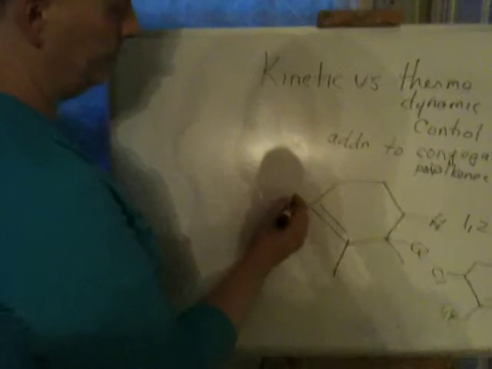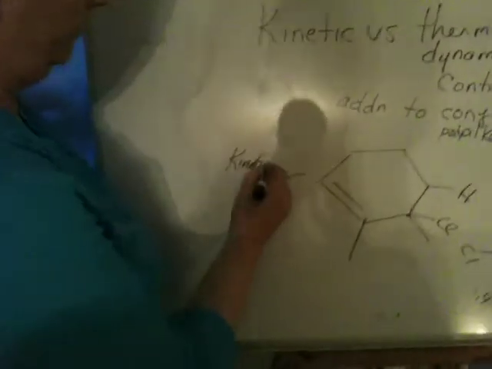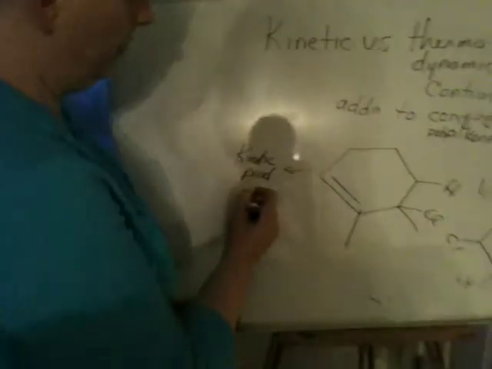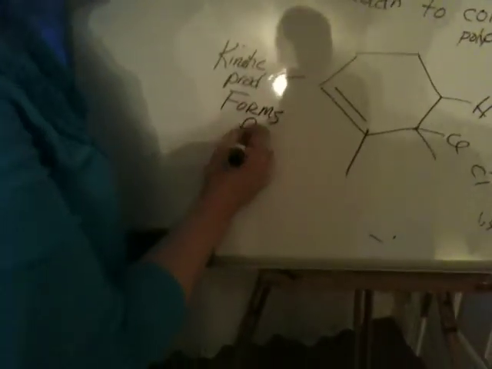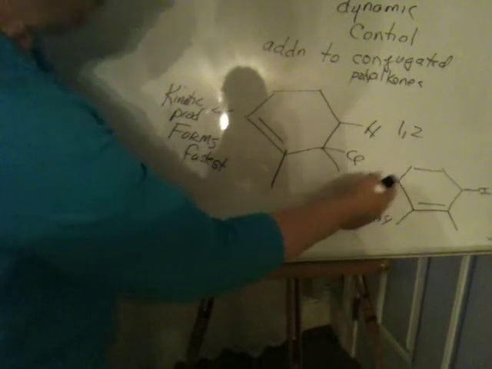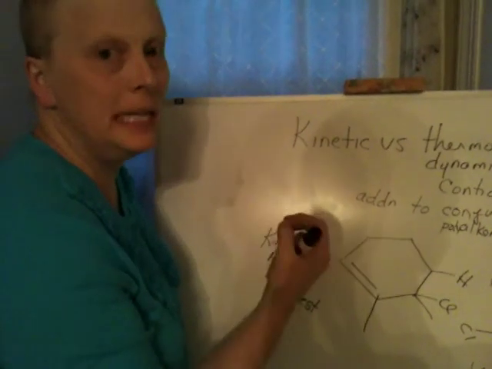But the thing we know is that this product is the kinetic product. The kinetic product is the product that forms fastest. And we talked in class about why this product forms fastest. When that H bonds up, that chloride just jumps right onto the charge as it's forming. In other words, as we said in class, it's a proximity issue.